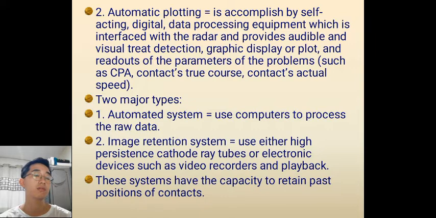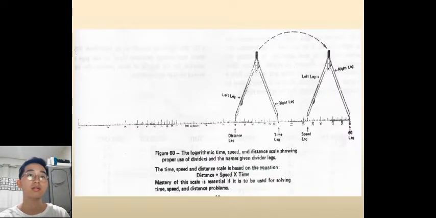The two major types are: number 1, automated systems, which use computers to process the raw data; number 2, image retention systems, which use either high persistence cathode ray tubes or electronic devices such as video recorders and playback. These systems have the capacity to retain past positions of contacts, as seen in the picture.